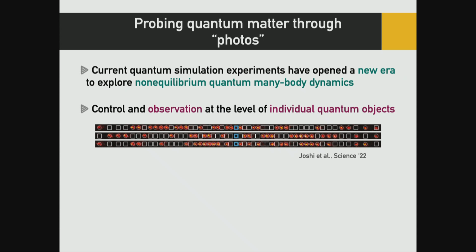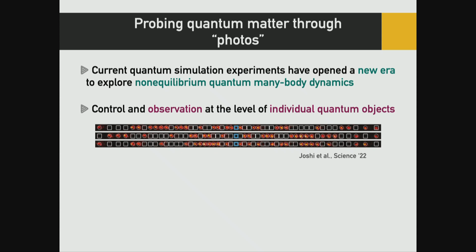What you see are 3 examples of such snapshots, in this case of a linear chain of trapped ions, where the ions represent the qubits in this simulator. Each bright spot essentially corresponds to a spin pointing down, while the dark squares are a spin pointing up.